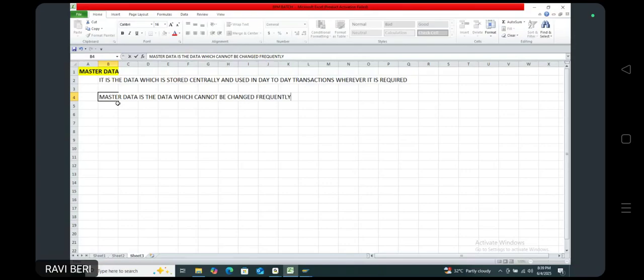So master data is the data which cannot be changed frequently. And master data is the data which is stored centrally and used in day-to-day transactions wherever it is required.